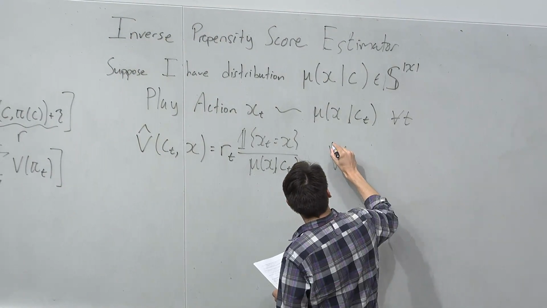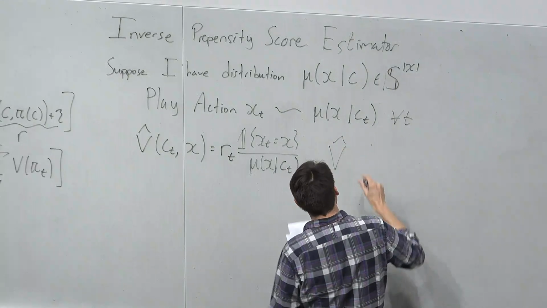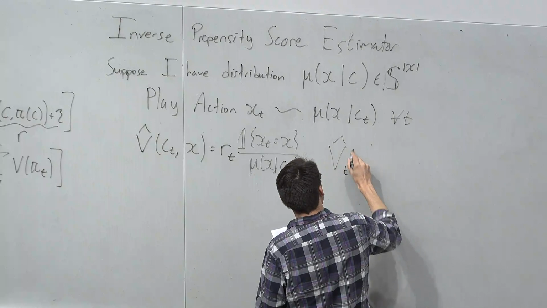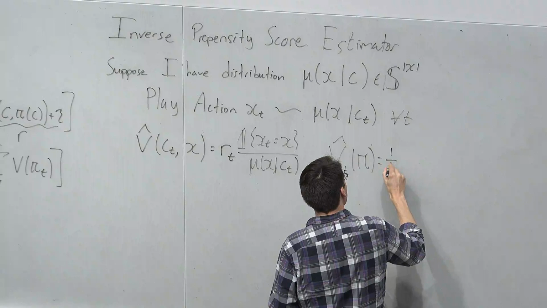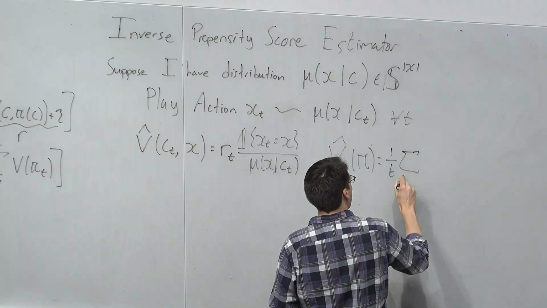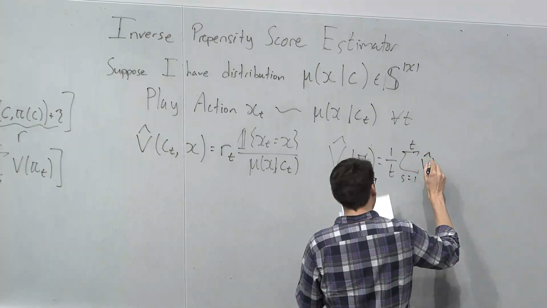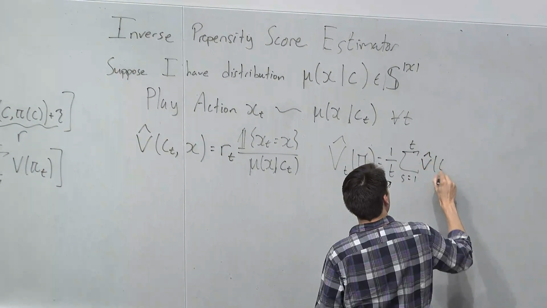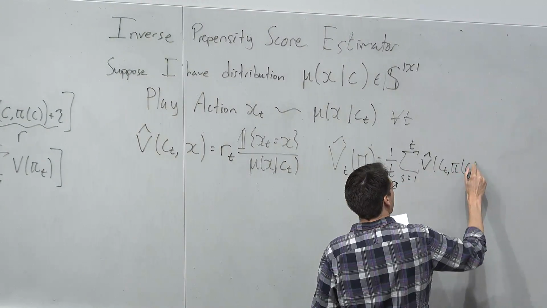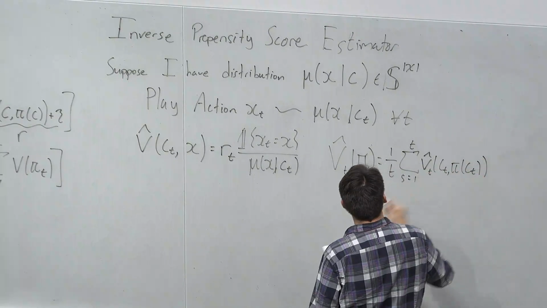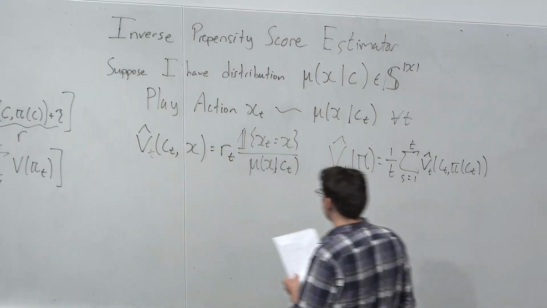Because then I'm going to build an estimator v hat of pi, after t time steps, equal to 1 over t, sum over s equals 1 to t, of v hat of c_t, pi of c_t. I guess I should have little subscripts, although it's not super important.